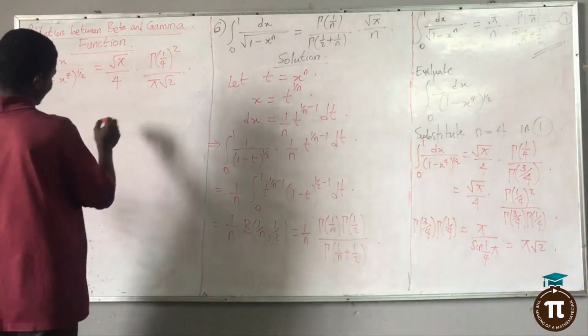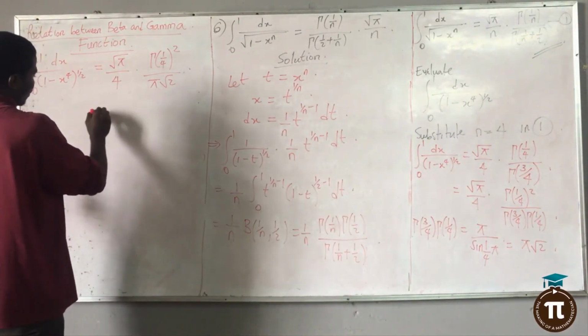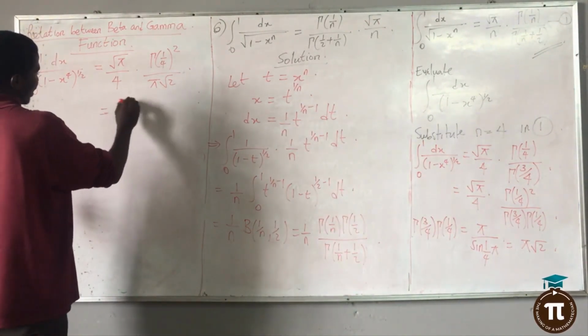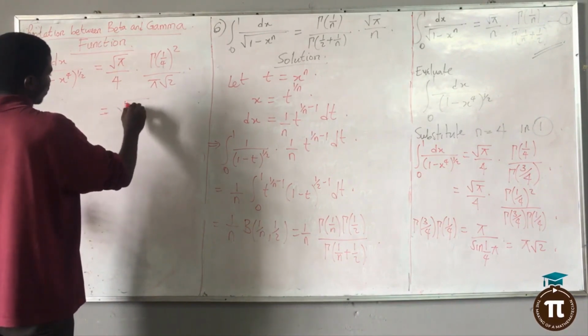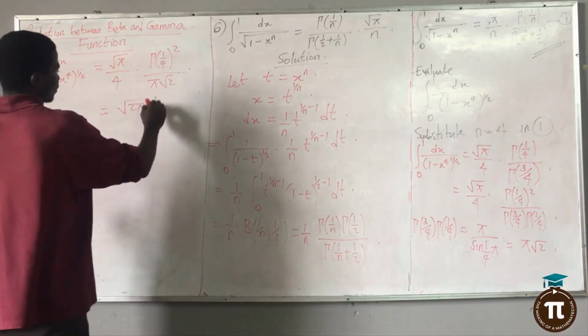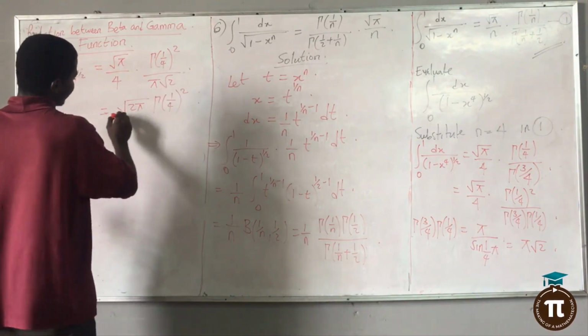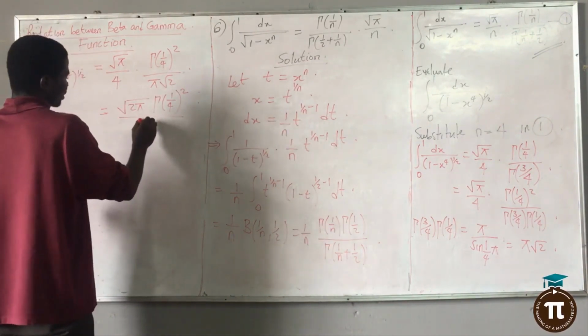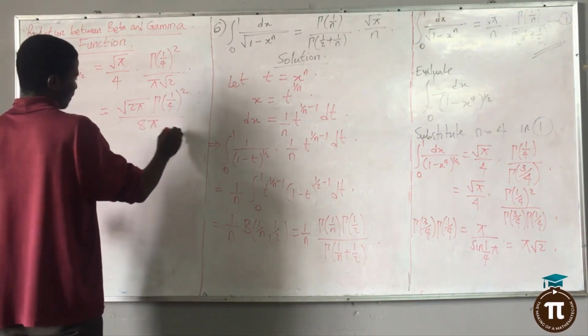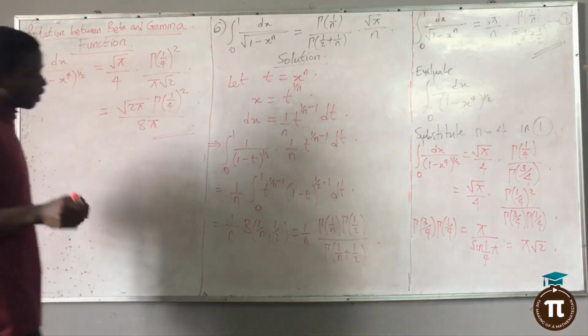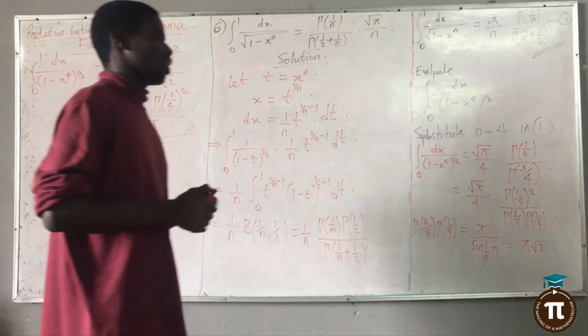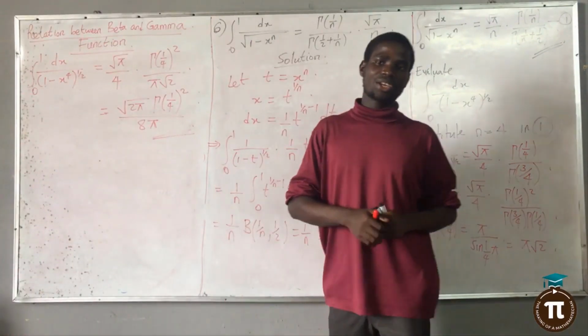So this will just be root pi times gamma of 1 over 4 all squared over 8 pi, and that's the answer. Thank you very much.